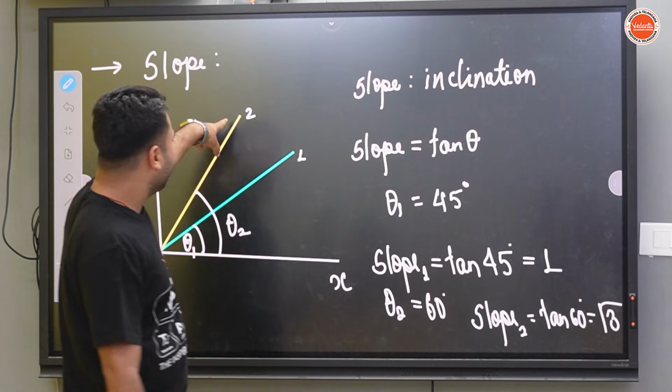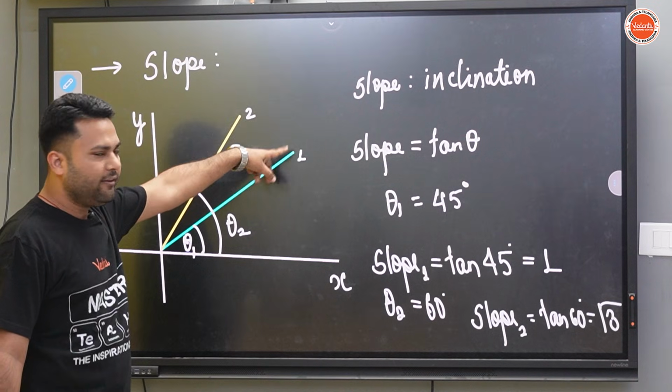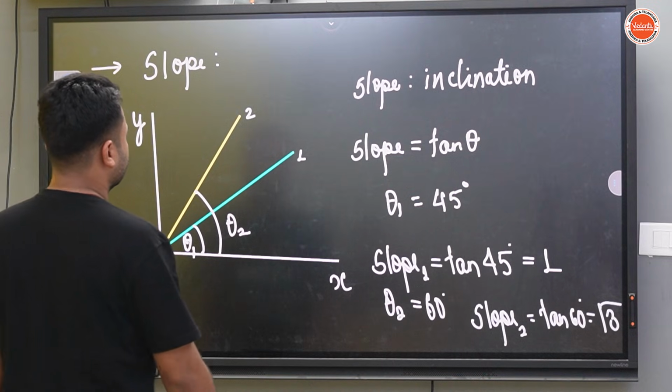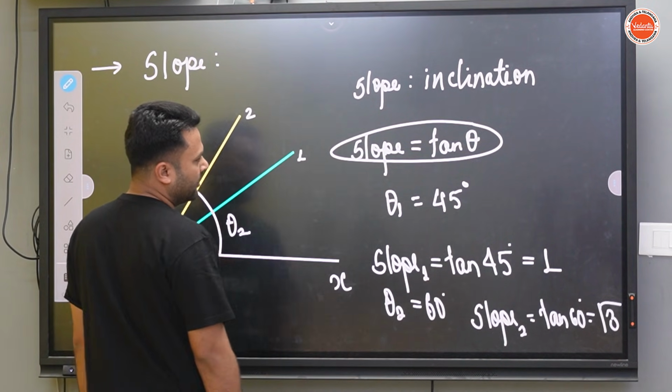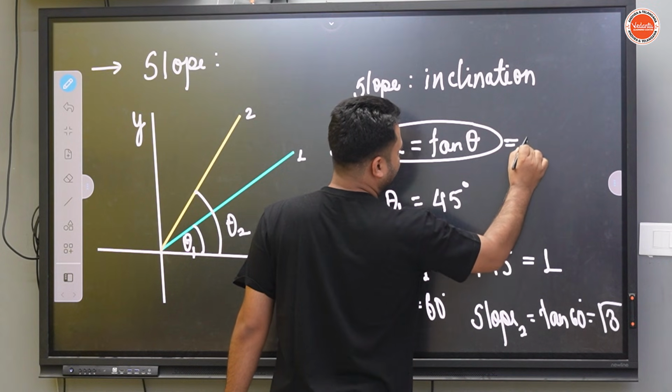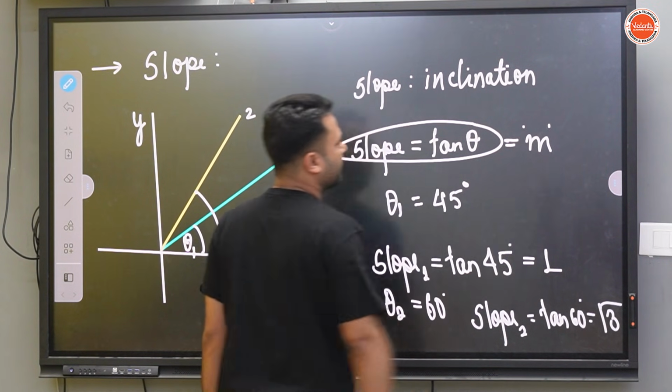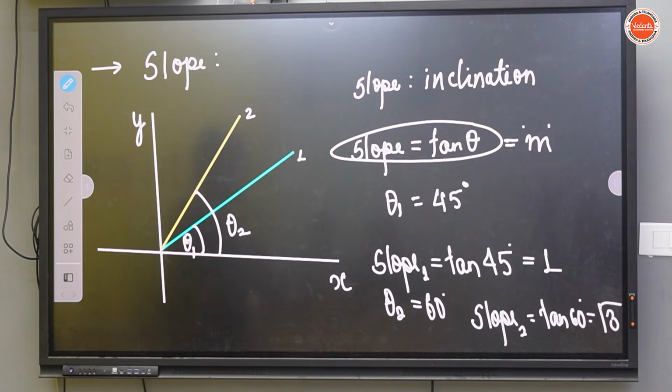So the second line has more slope, the first line has less slope. So slope equals tan theta, directly remember. Slope we denote by the letter m. Write fast.